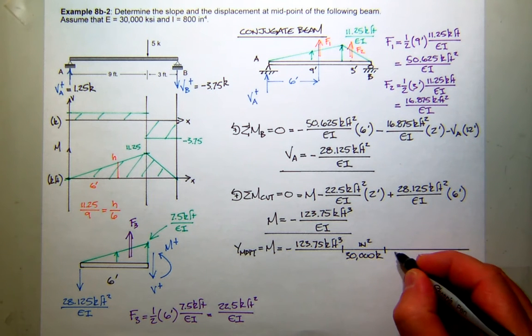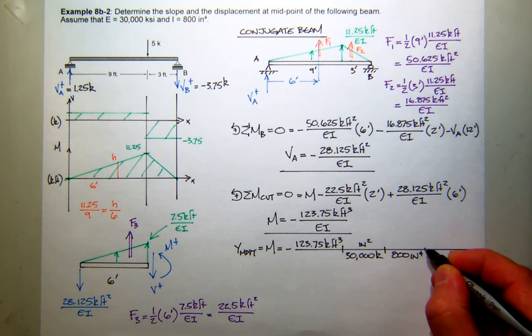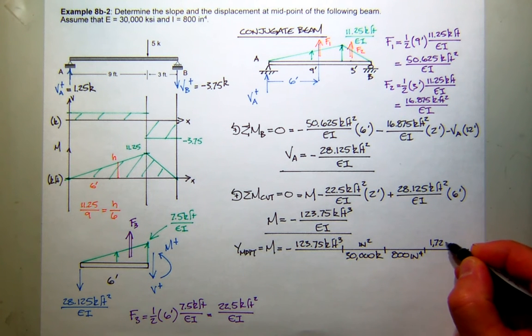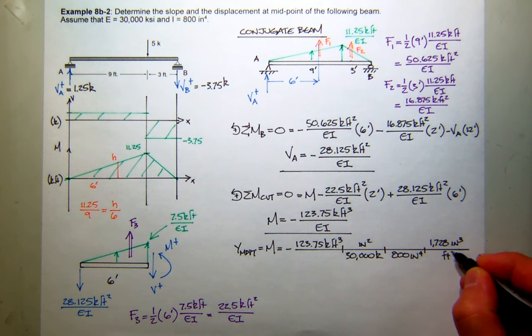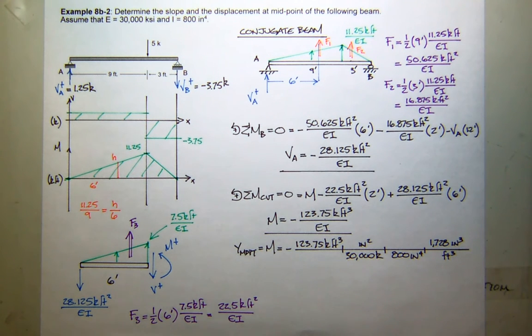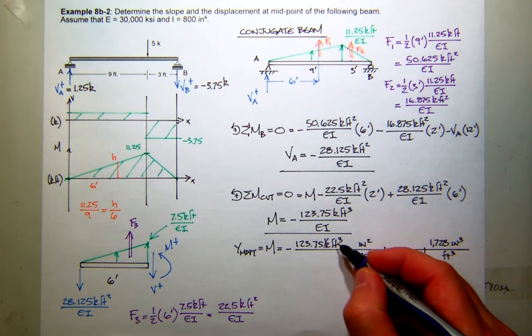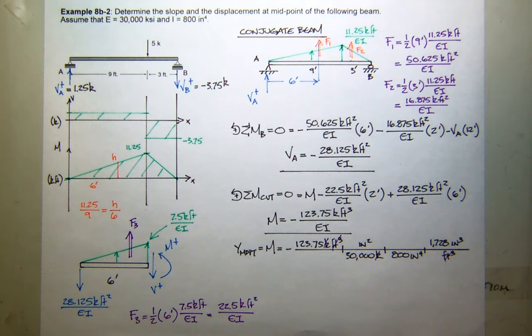I is 800, and that's inches to the 4th. And then we have to convert cubic feet, so that's 1,728 inches cubed in a foot cubed. If you check all your units, kips cancel, cubic feet cancel. You have inches to the 5th over inches to the 4th, which is just an inch.